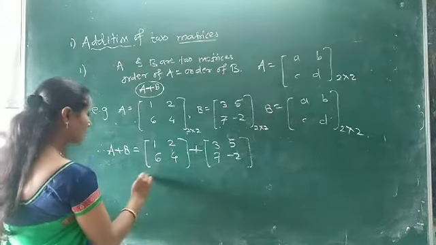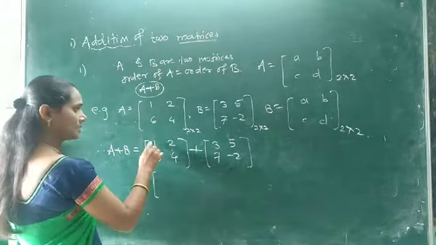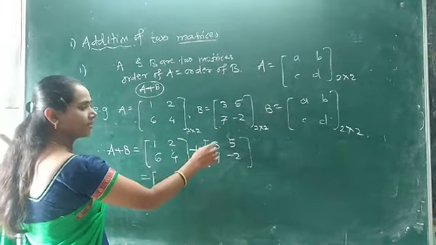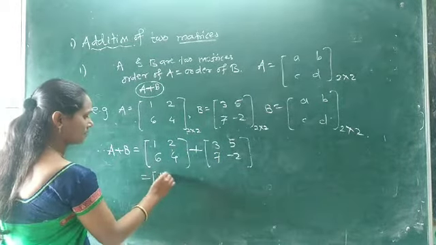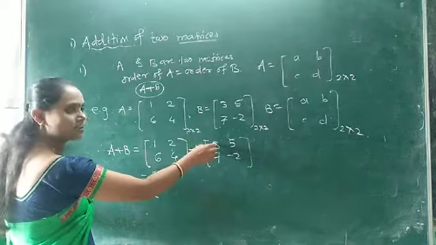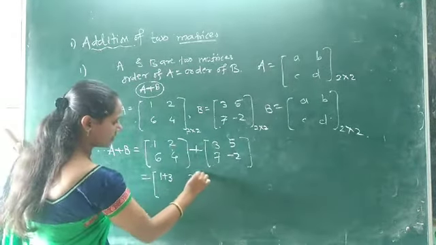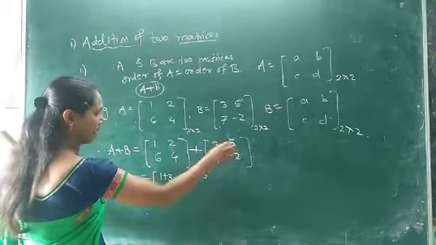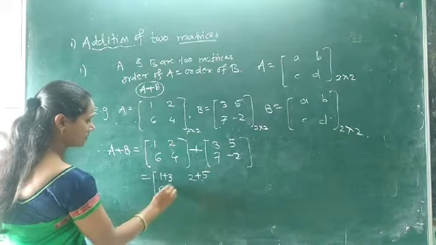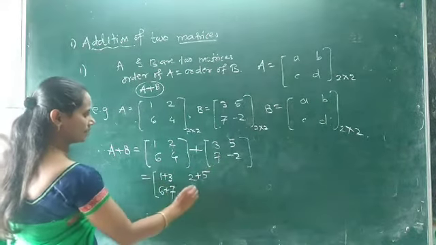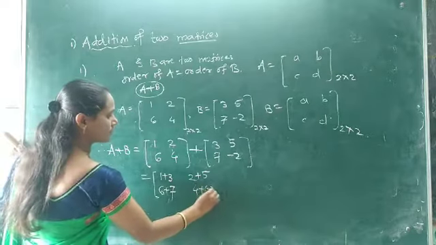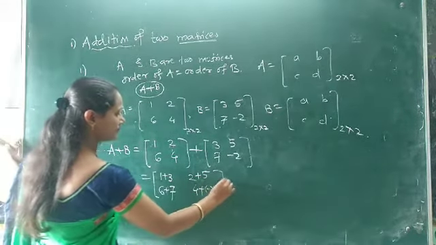Now add corresponding elements. That is A11 plus B11, that is 1 plus 3, next 2 plus 5, next 6 plus 7, and here 4 plus minus 2.